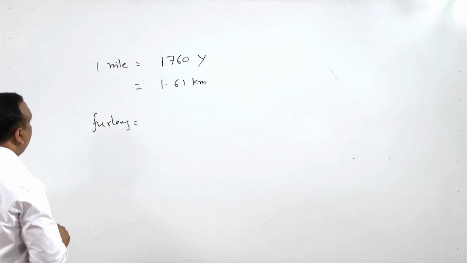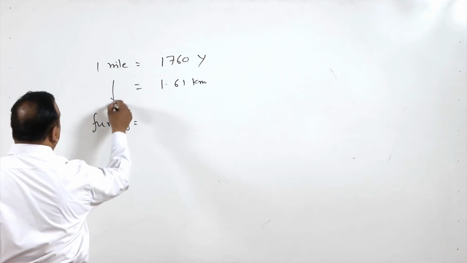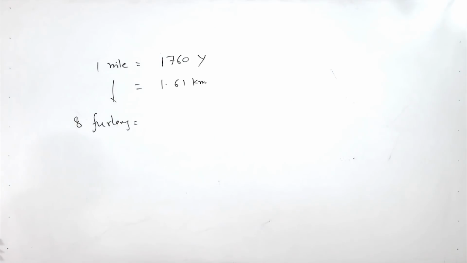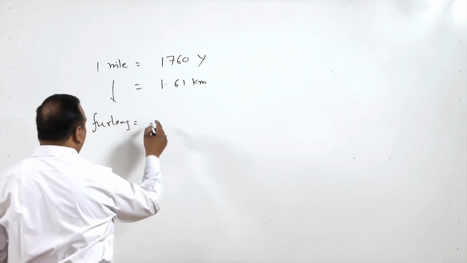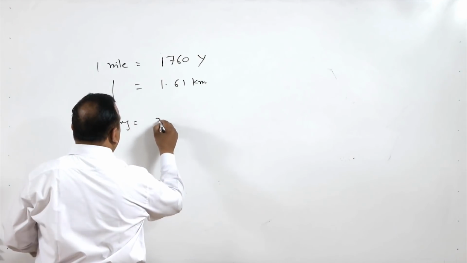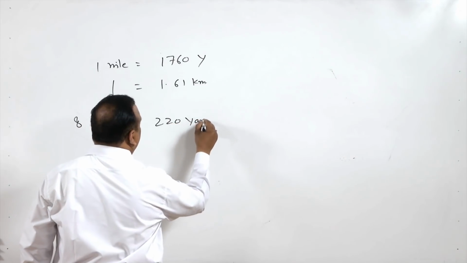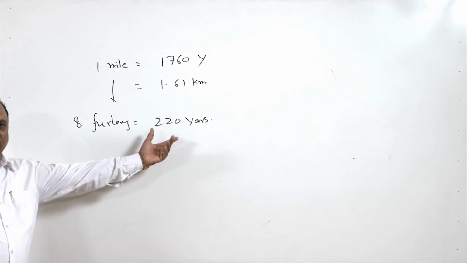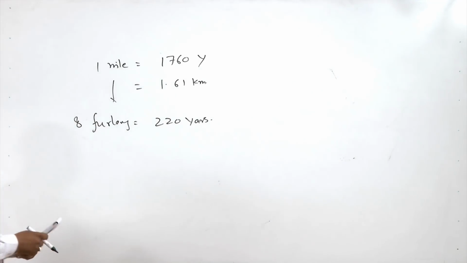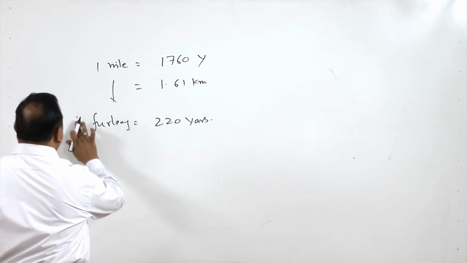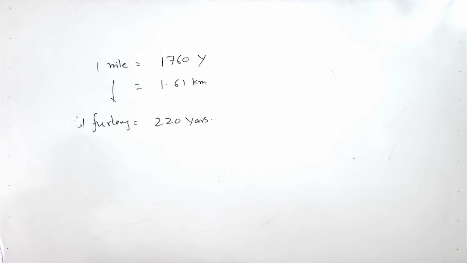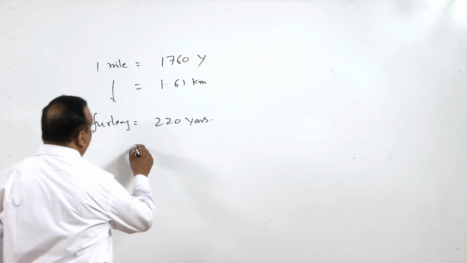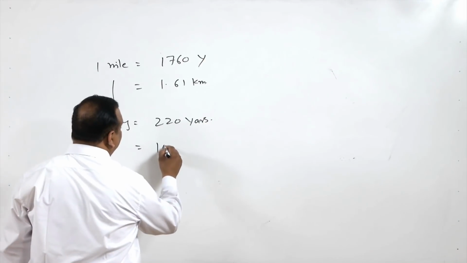So 1 mile had 8 furlongs. If you divide this by 8, you will get 220 yards. So 1 furlong is 220 yards, and 1 furlong has 10 chains.